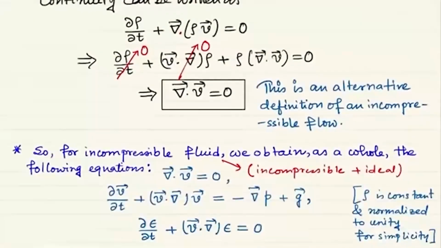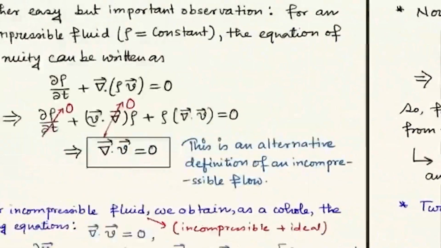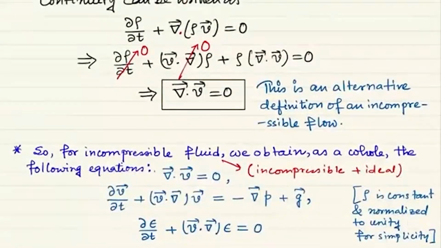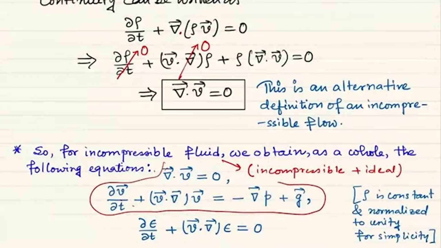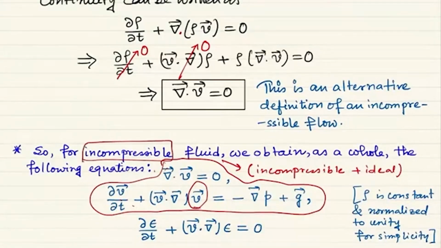It simply says that in these two equations, practically we have one unknown, and that is the velocity field. That's why we say that in the case of an incompressible fluid, these two equations just constitute a dynamical theory themselves.